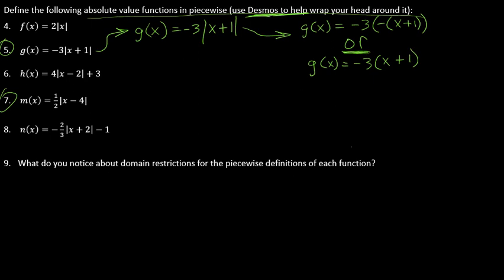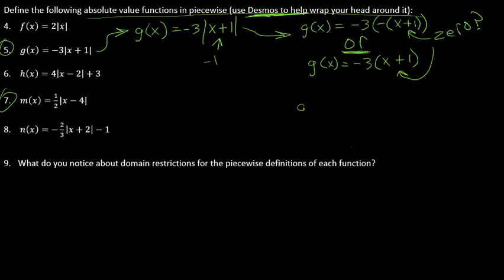Okay? And we have to consider something. What would make this in here be 0? And in here, right? So basically right here, what would make this be 0? What value of x would make this be 0? Well, the answer is -1. Okay?